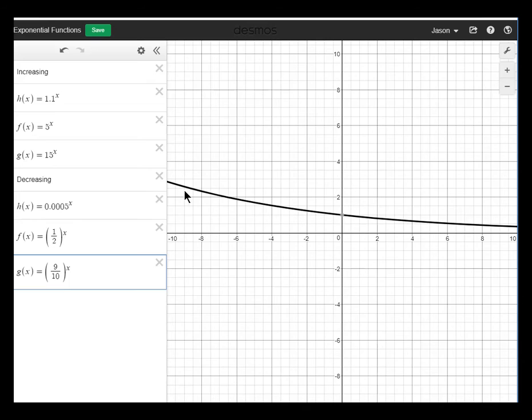Okay, I have a slower decrease in my y values as I'm going from left to right. And here again, my decrease is much more rapid as my value gets closer to 0. My decrease becomes much more prominent for that function as I'm getting closer to 0.